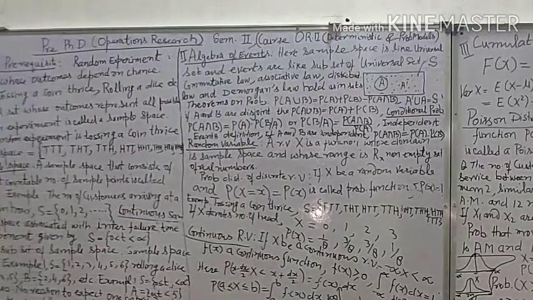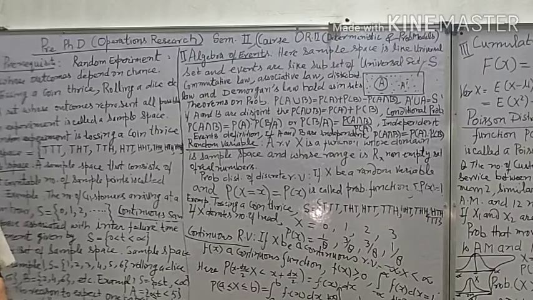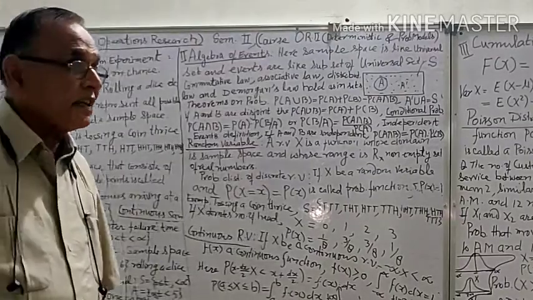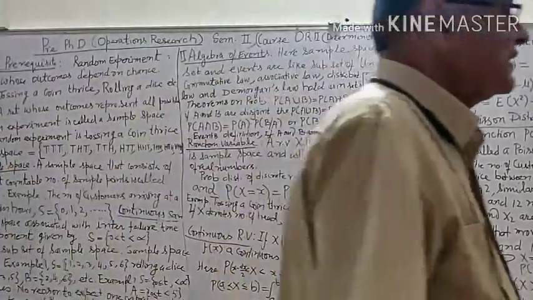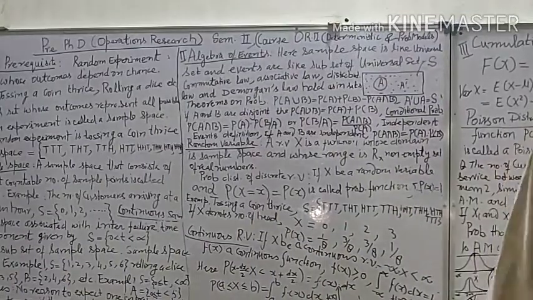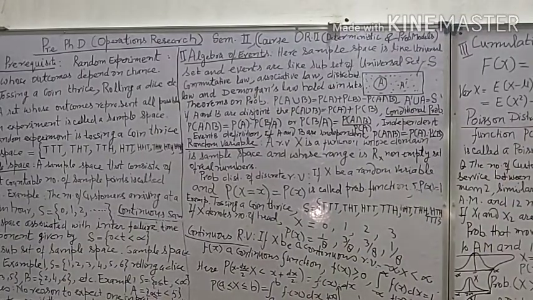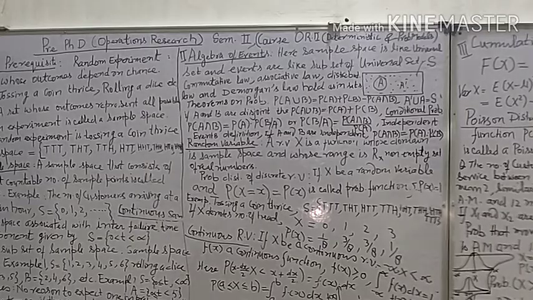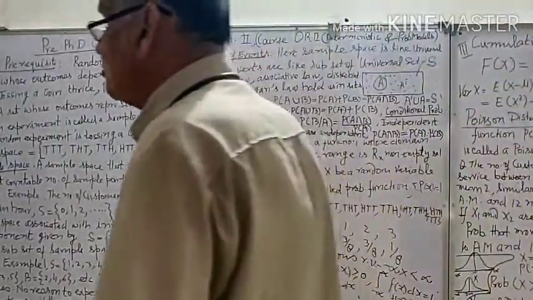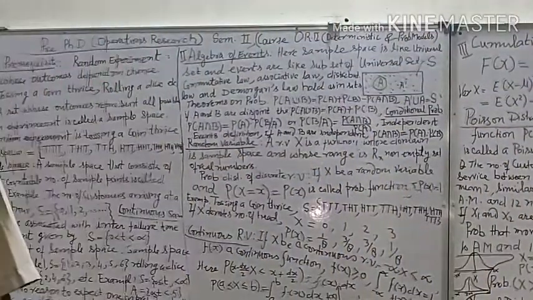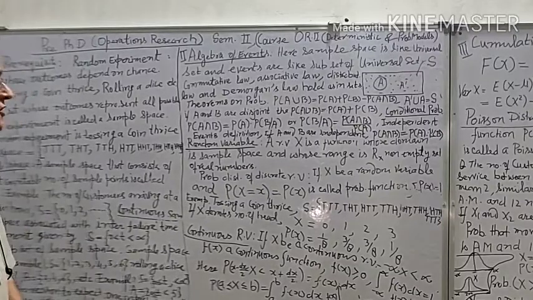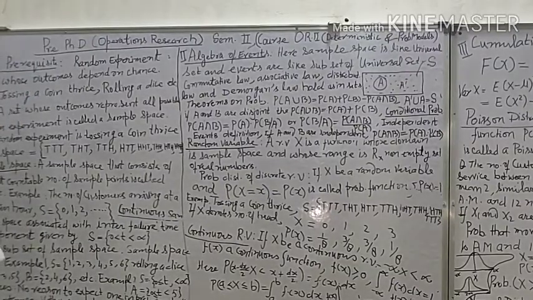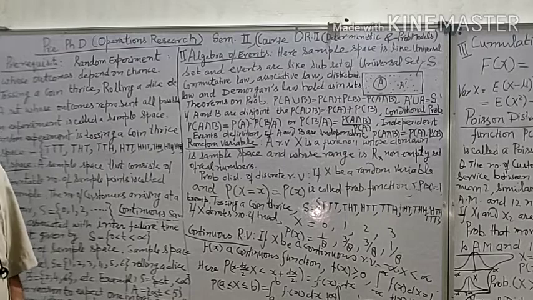Now, probability of A intersection B. A intersection B is the simultaneous occurrence of both the events A and B, and the probability of A intersection B is equal to the probability of the first event times the conditional probability of the second event.